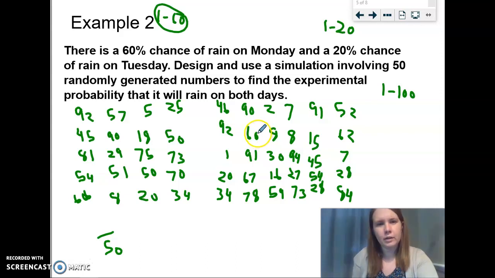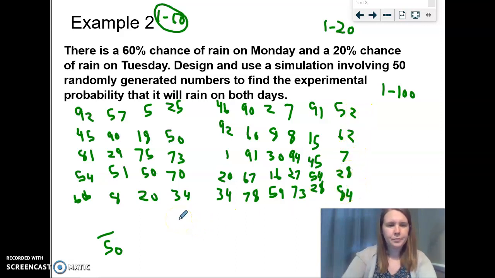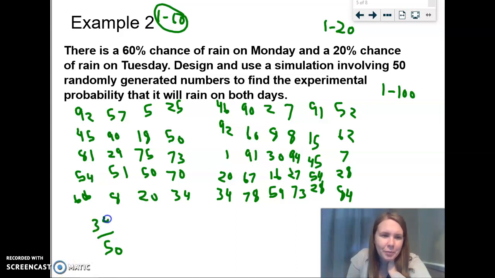We'll include 60. 18, 19, 20, 21, 22, 23, 24, 25, 26, 27, 28, 29, 30, 31, 32, 33, 34. All right, so I just double checked it, but if I still get it wrong, let me know. But there are 34 out of 50 that are a number between 1 and 60.